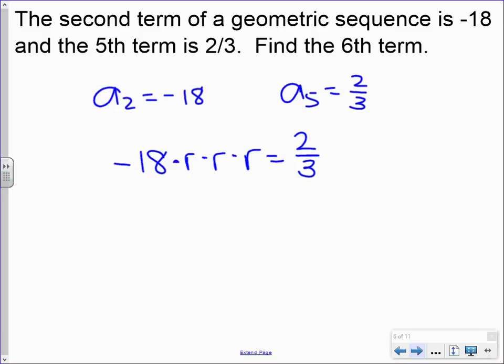Since there are 3 terms between 2 and 5, we have to multiply by our common ratio 3 times to get to the fifth term. Make sense? So we have negative 18 r cubed equals 2/3. What happens when we take 2/3 divided by negative 18?